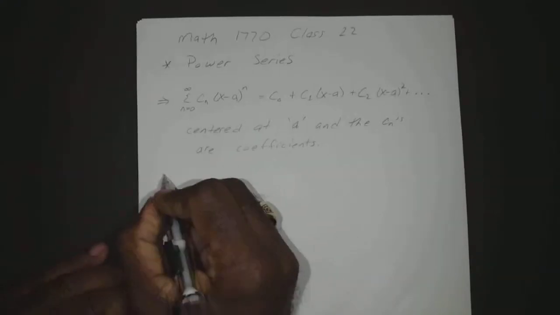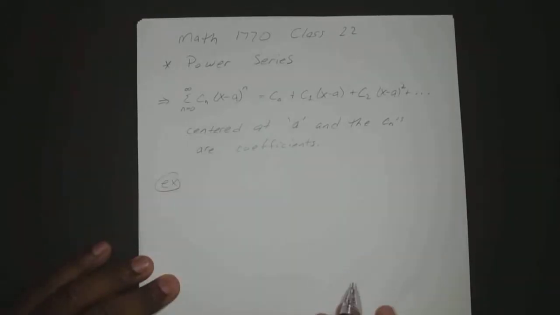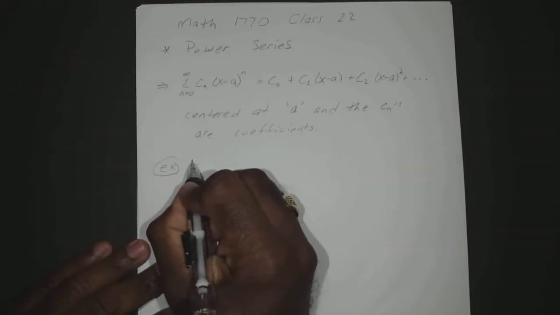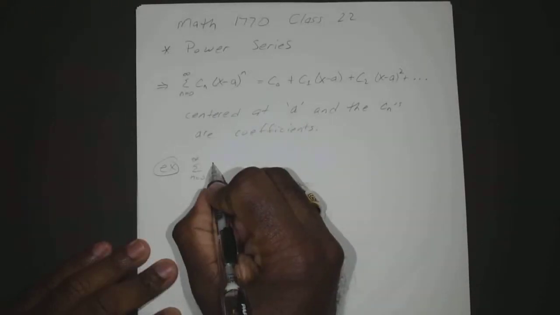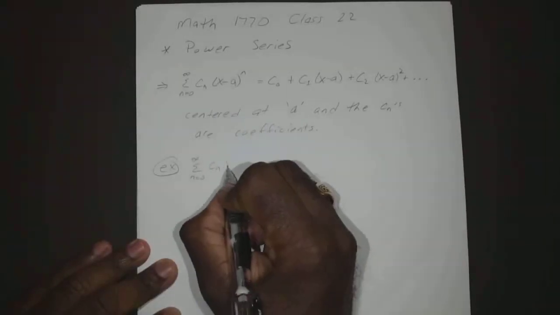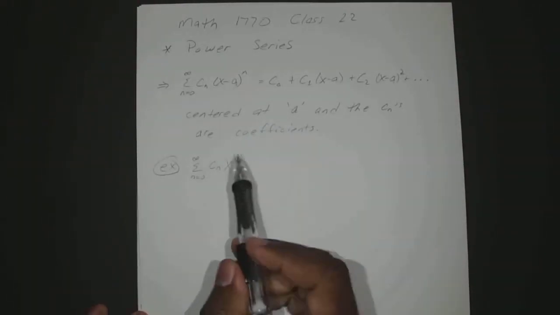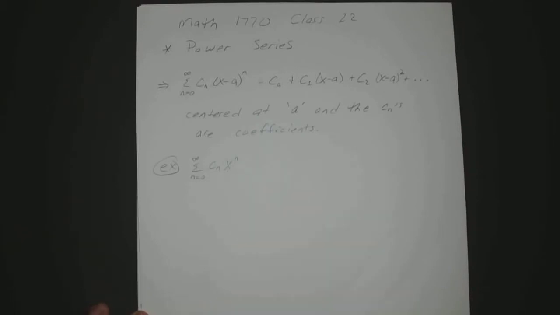Okay, so for example, the sum from n equals 0 to infinity of c sub n times x to the nth power is just a power series centered at 0. It's just like saying x minus 0 to the nth power.